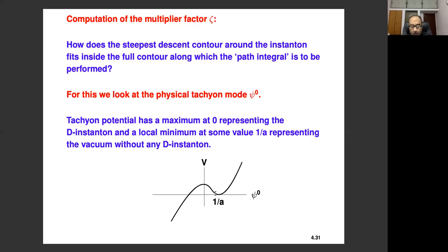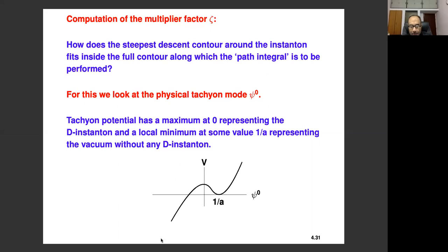It's also known that on one side, namely the positive side, the potential has a minimum. And that minimum has a physical understanding. This is the vacuum where the D-instanton disappears. This is the perturbative vacuum. This jump is exactly 1 over g string. I have parameterized that by 1 over a, where a is some parameter. The precise value is not important. But on the negative side, the potential is unbounded from below.